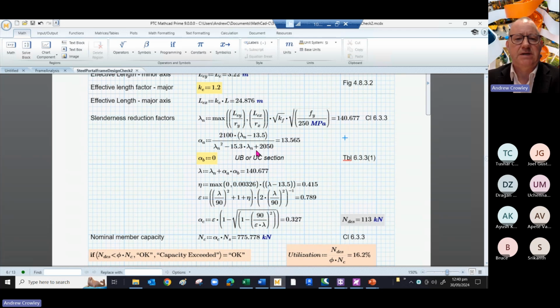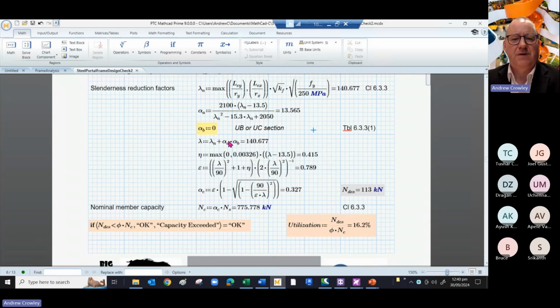Because it's an I-shaped section, alpha B is 0. Different sections will have different alpha B values, so you've got to look it up in the table. We get a lambda of 140, multiplying those together, an eta of 0.415, epsilon as 0.789, and finally an alpha C derived from all of that above as 0.327. So we multiply that by a nominal capacity of the section itself, and we get quite a large figure of 775.